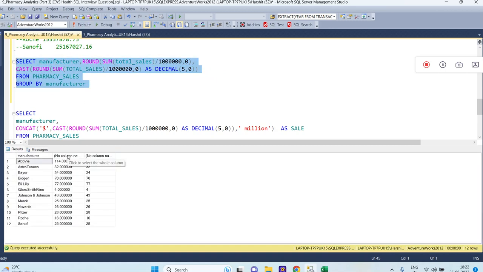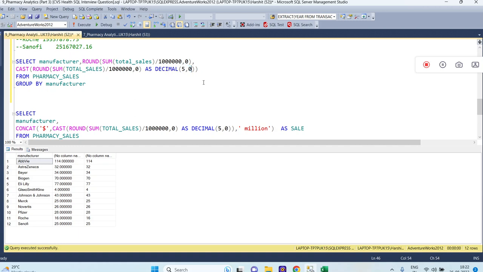If you see the column after manufacturer, in that column we have not used the cast function. Because we have not done the cast, it is giving all the digits after the point, right? But those digits are not required to show in the dashboard, so we are doing the cast into decimal, and to eliminate the digits after the point, we have written 0 over here, because we do not require anything after the point.